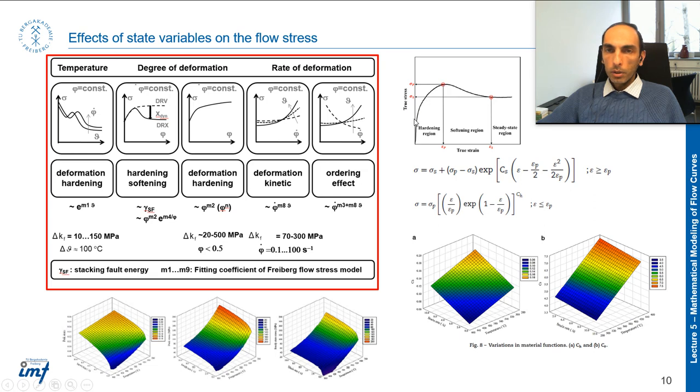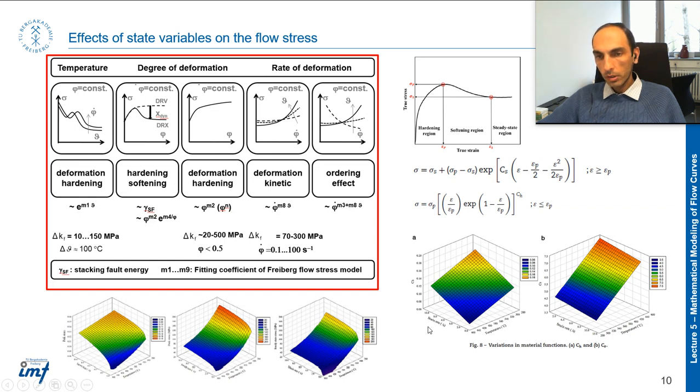So the researcher who developed this equation tried to model this behavior using two different equations, as you can see here. This is not important, their approach is not important at this moment, but if you check these graphs here, you can see that all the constants they have used, like CH, CS, and the peak strain, peak stress, whatever they have used, are functions of temperature and strain rate.